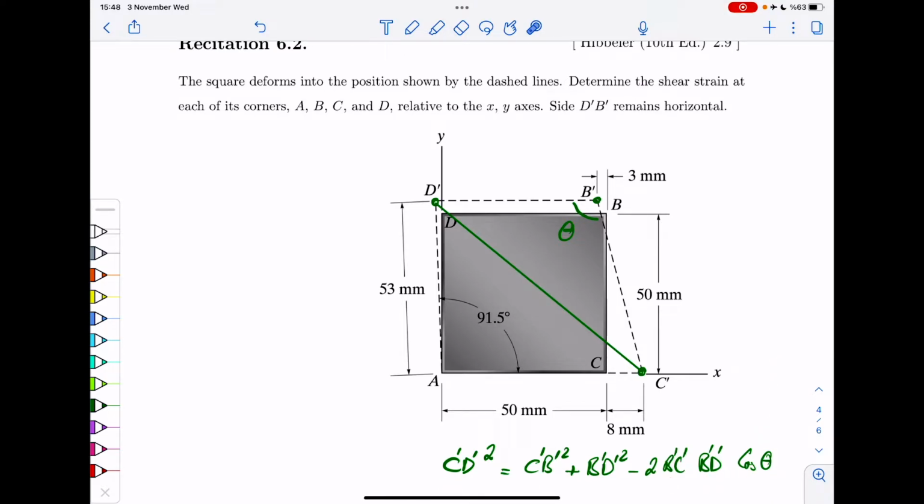Now, for C prime D prime itself, you can look at this other triangle also on the left-hand side. If you look at that triangle, you see also how that thing is calculated.